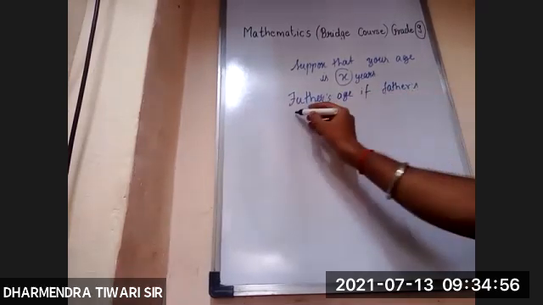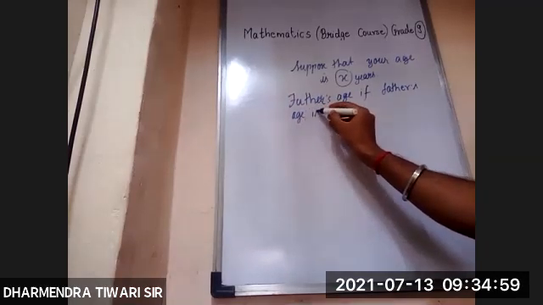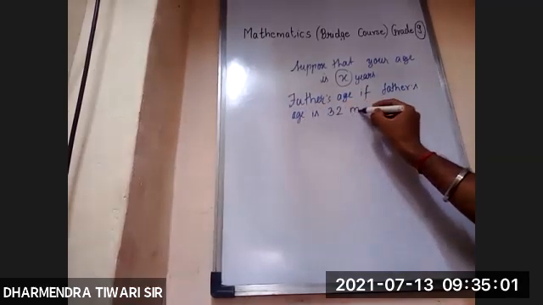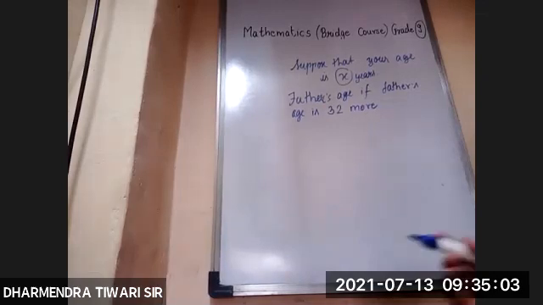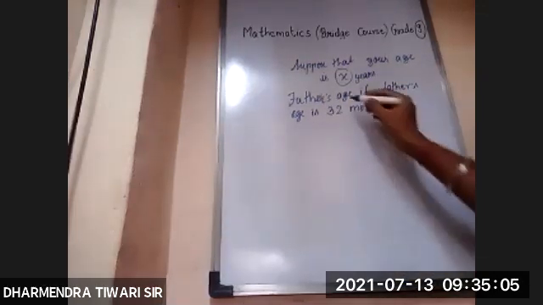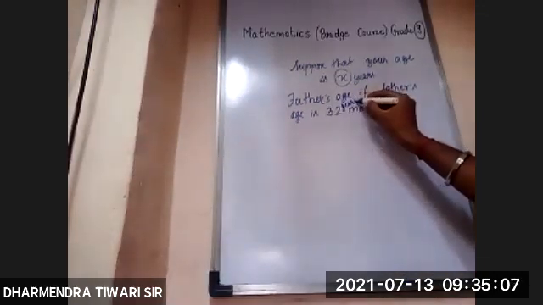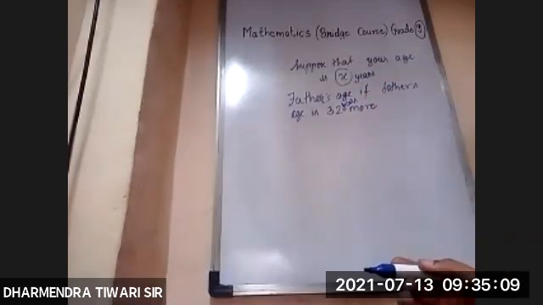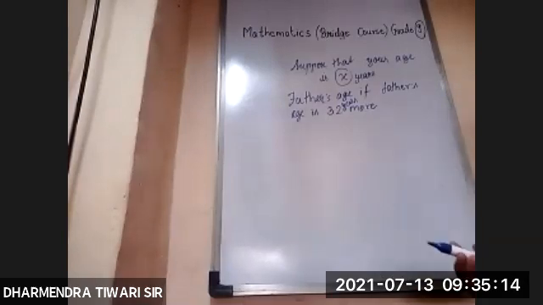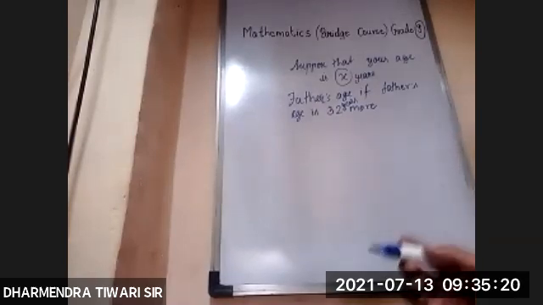Please concentrate on this. 32 years more. More means plus 32. Whatever your age is, just add 32 to it, you will get the father's age.